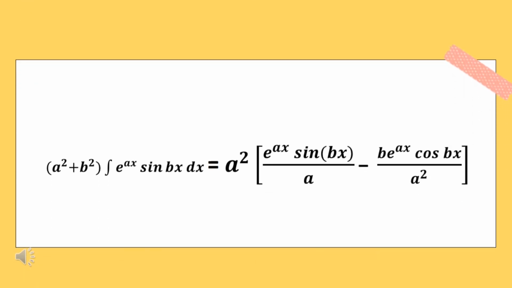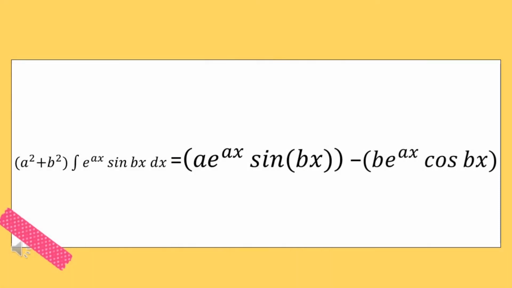After that, we can simplify. Integration of e^(ax) sin bx will be a square plus b square multiplied by integration of e^(ax) sin bx, and then we bring a square to the right by multiplying a square with e^(ax) sin bx over a minus b e^(ax) cos bx over a square.